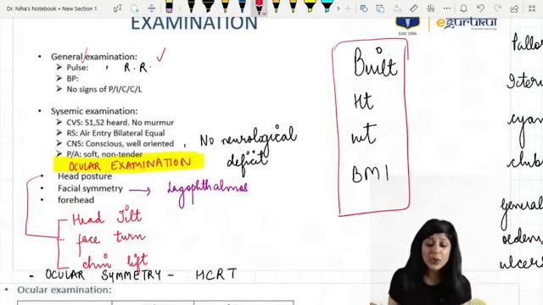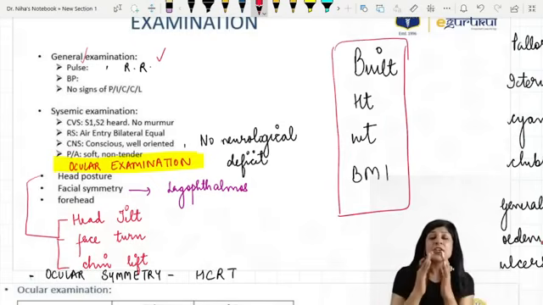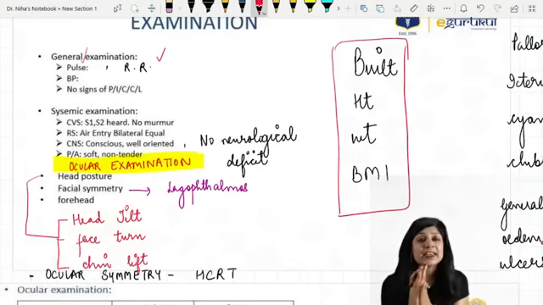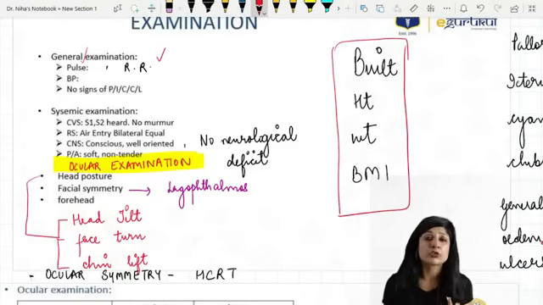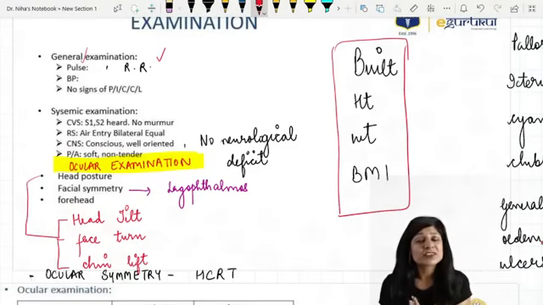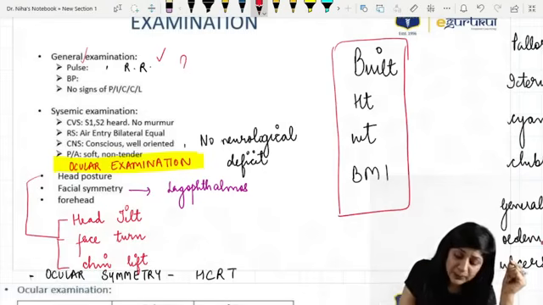Now, why are we actually interested? We want to know if any of the systems is having any deficit in the patient. If the pulse is not okay, if the CVS is not okay, if the respiratory system is not okay, then we might get a problem in the anesthetic checkup, anesthetic fitness.